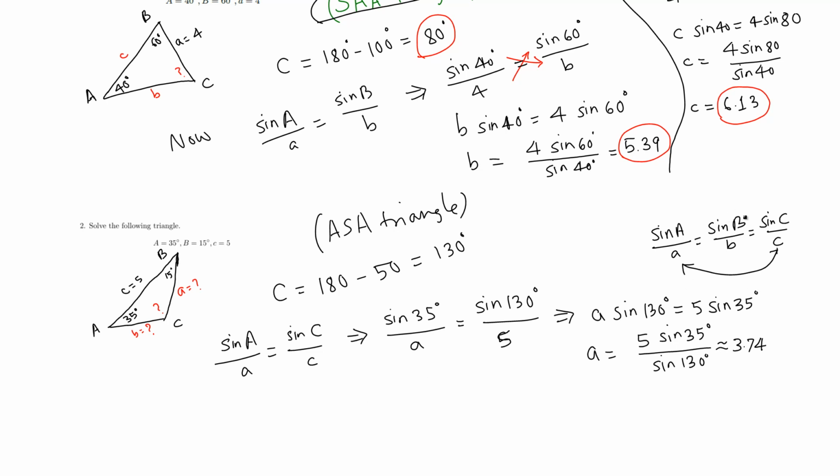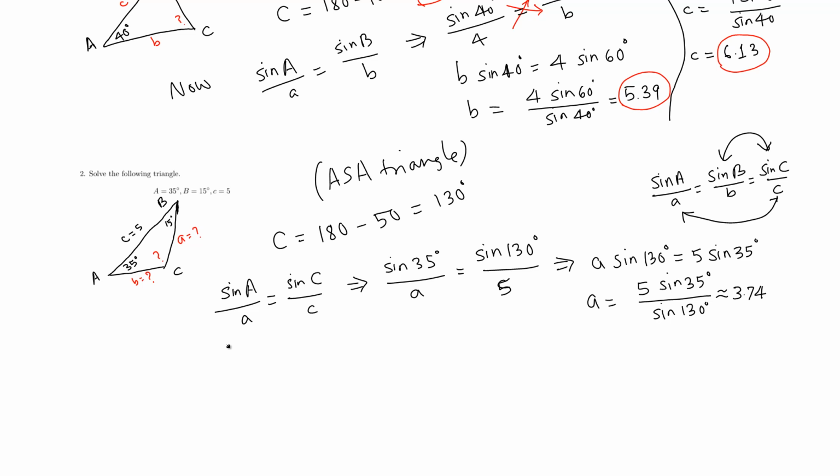Similarly, let's use second and third ratio because we know the exact value of lowercase c. So similarly, sine B over b equals sine C over c. That is sine 15 degrees over lowercase b, unknown, equals sine 130 over c, that's 5.